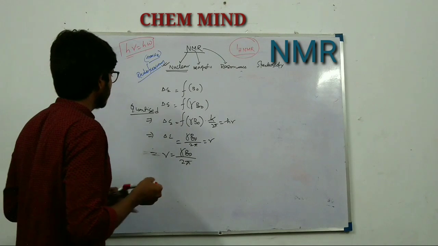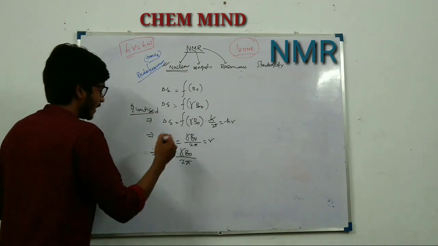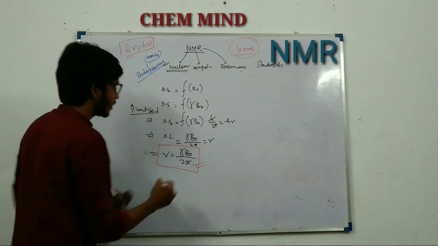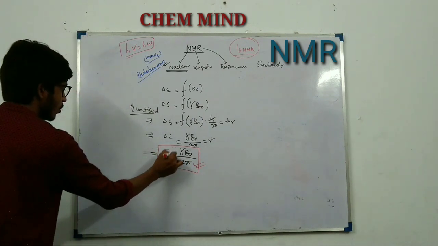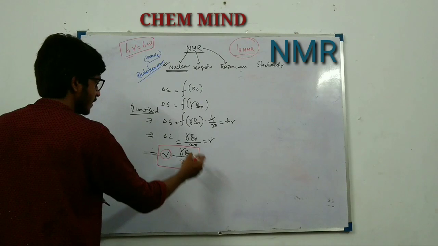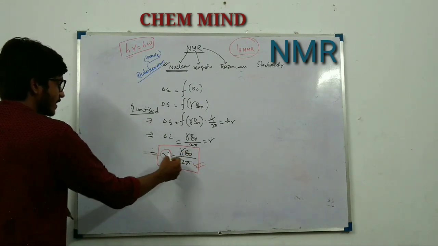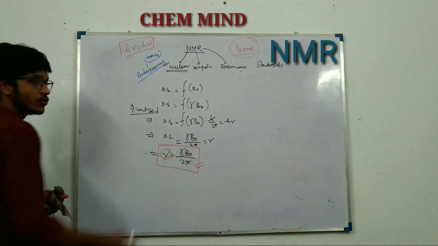This is a very important equation, where nu means the frequency, and the relation between the frequency and the magnetic field is directly proportional.